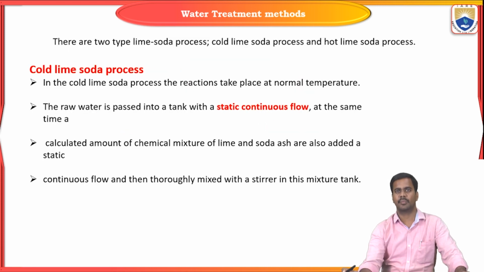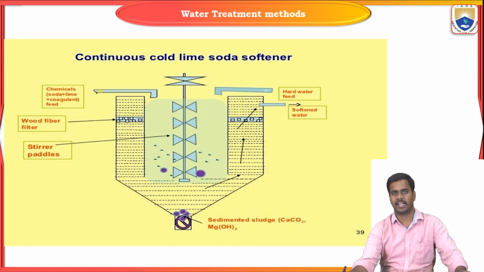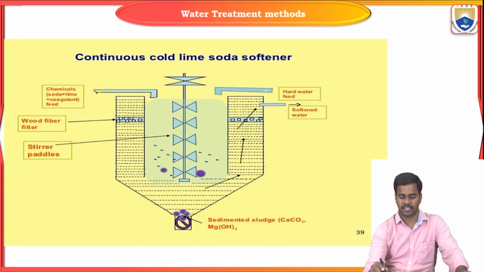Next, the lime soda process is of two types: the cold lime soda process and the hot lime soda process. In the cold lime soda process, the reaction takes place at normal temperature. In this process, we use this type of tank. Here, this is the water.